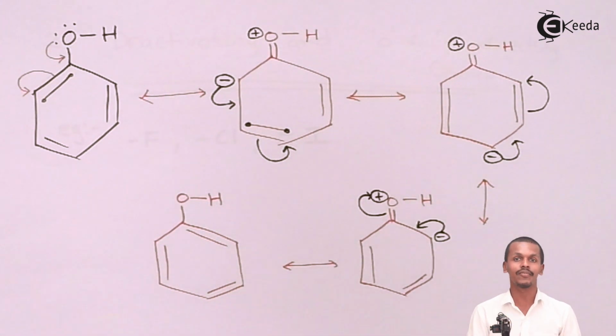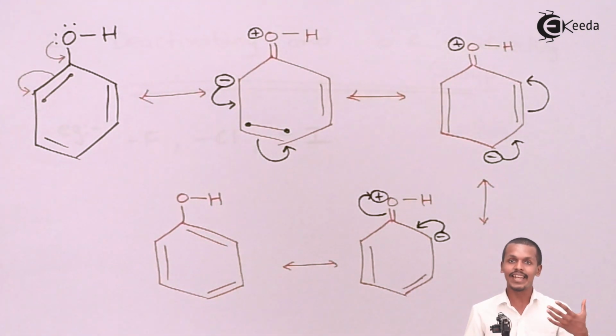Suppose we have a fluorine group attached on the benzene, that is fluorobenzene; it is very much less reactive compared to benzene, and that won't allow any substituent to be attached easily on the ortho and para positions, and that makes it a deactivating group.